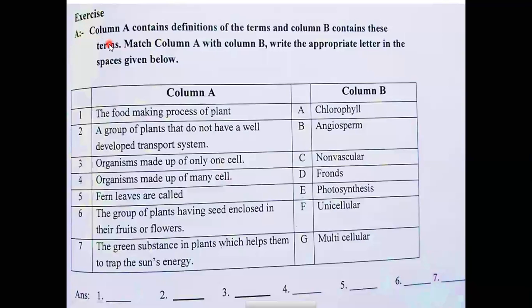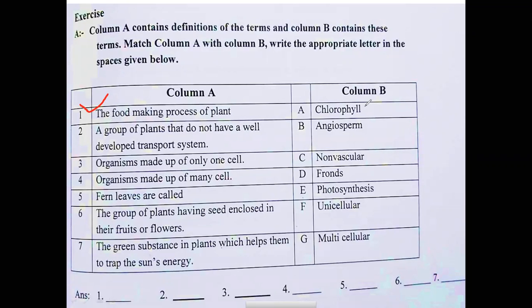Let's start our exercise. In exercise A, column A contains definitions of the terms and column B contains these terms. Match column A with column B. Write the appropriate letter in the space given below. Okay, dear students, this is column A and this is column B. Now, this is number one. In number one, you have the definition and you have the answer in column B on this side. So we read this side, column A. The food making process of plant.